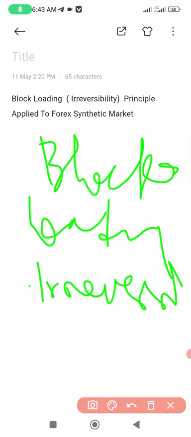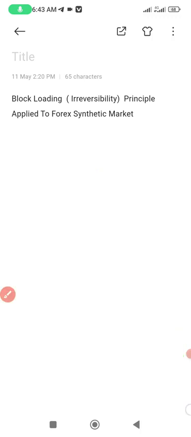You still need to deploy the major things in trading, which is price action analysis, structural analysis, top-down analysis. So the loading is just something you add to all those to get the right direction.